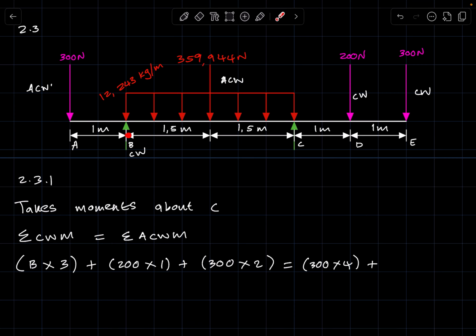Because remember, initially this distance was 300, but because we have resolved this into its weight component, it is important that you know the distance from where this force is acting to either of the supports. Hence here, instead of having 3 meters, now you have 1,5 and 1,5.